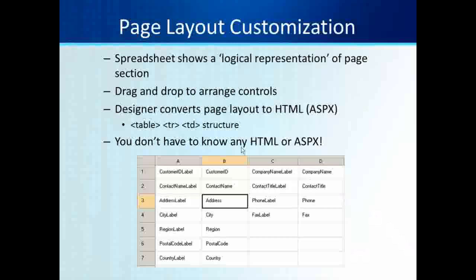Like I said before, it's basically spreadsheets which show a logical representation of a page section. As you can see, the page section here has 4 columns and 7 rows. The columns are depicted by A, B, C, D, and the rows are 1 through 7.